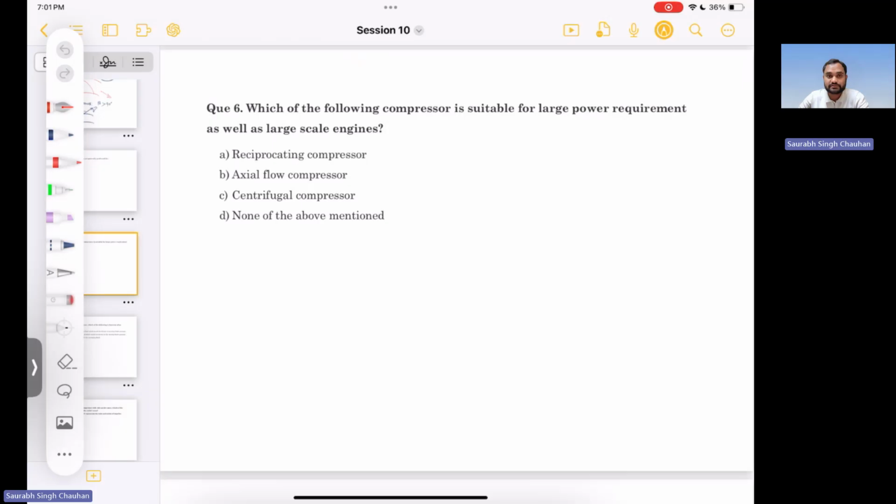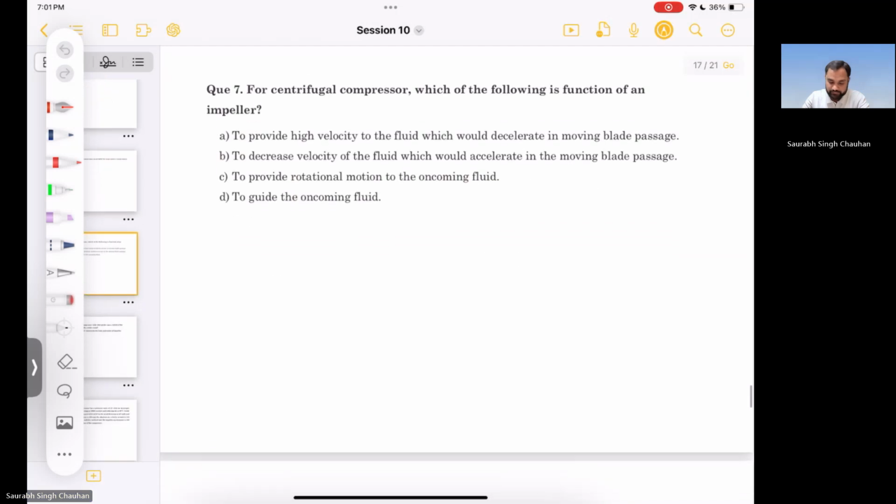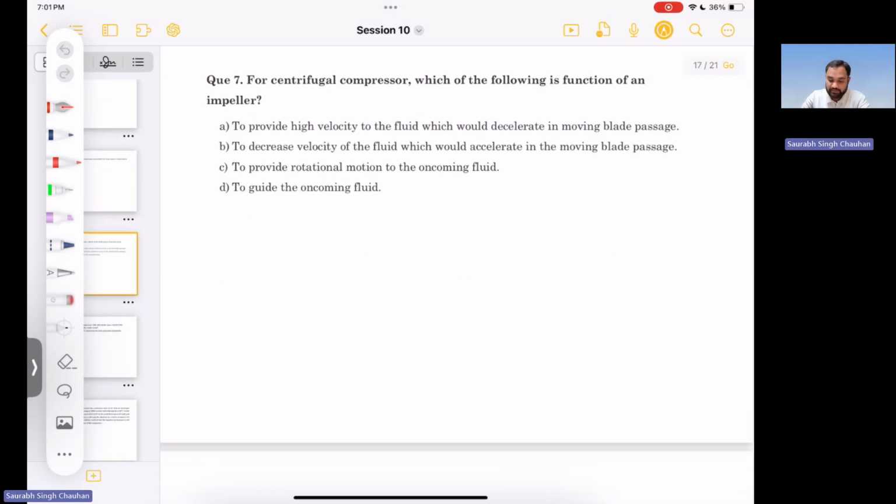Large scale engines, axial flow compressors. Moving to the next question. Question number 7. For centrifugal compressor, which of the following is function of an impeller?